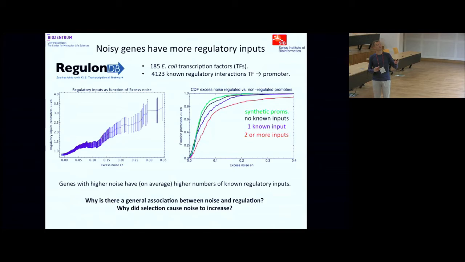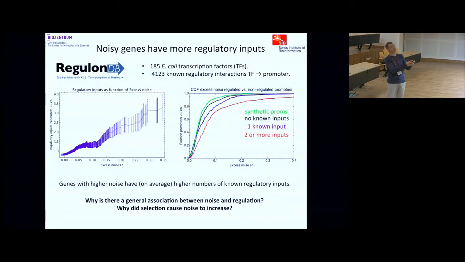So there are databases that I talked about in my first talk that tell you about known transcription regulation. And so what you can do is you can sort your promoters from the low noise ones to the high noise ones, and you can calculate the mean and standard deviation of the number of regulatory inputs of the subset of promoters that are over a certain noise level.